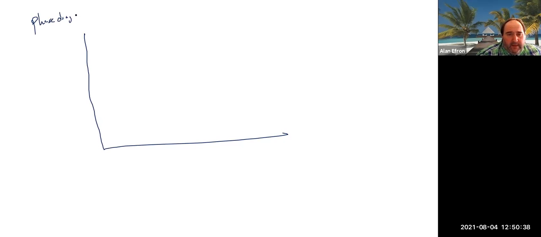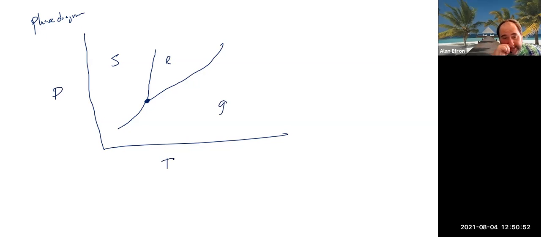We also talked about in that chapter phase diagrams, which I've very badly drawn, just like that, where we have basically solid, liquid, and gas. We have pressure and temperature on the scales. And remember, we have our transitions as we go from solid to liquid.